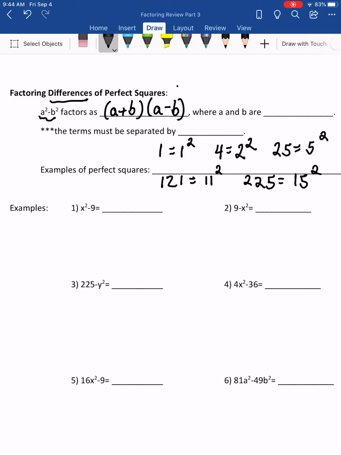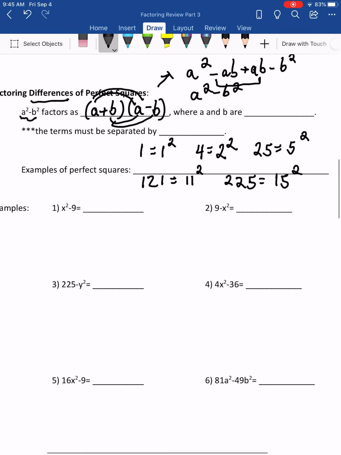Let's quickly prove that. If we multiply out, that's a squared minus a times b plus a times b minus b squared. And then notice the ab terms drop out. That's a squared minus b squared.